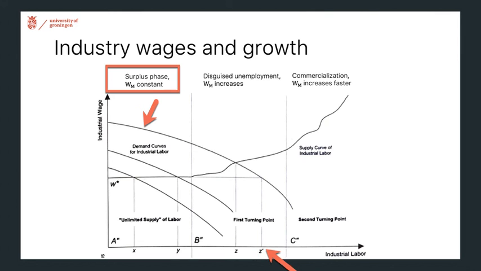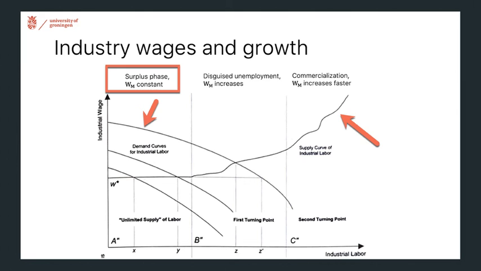So if we want to know what happens to the pace of industrialization in this Lewis model, we need to understand how the supply curve of industrial labor will evolve. As long as that supply curve is flat or doesn't rise rapidly, industrialization can occur rapidly. As soon as the supply curve starts to increase, the pace of industrialization also slows down.